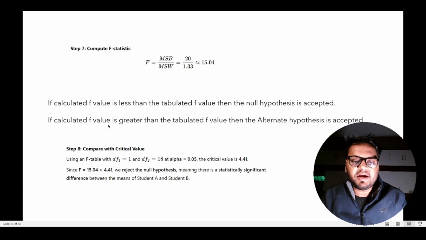And if the calculated F value is greater than the tabulated F value, then the alternate hypothesis will be accepted. In our case, 50.04 is greater than 4.41. So we can say that our alternate hypothesis will be accepted and the null will be rejected. Means there is a statistically significant difference between the mean of student A and student B.